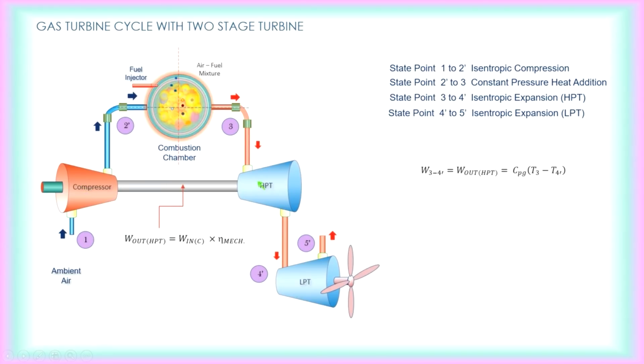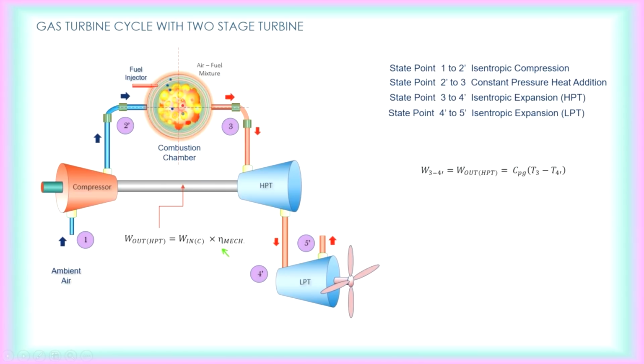So whatever work output you have for the high pressure turbine, please equate to the work input of the compressor. As from the diagram, you can see the high pressure turbine is only driving the compressor. So therefore, we can say the high pressure turbine work output is equal to the work input of the compressor.